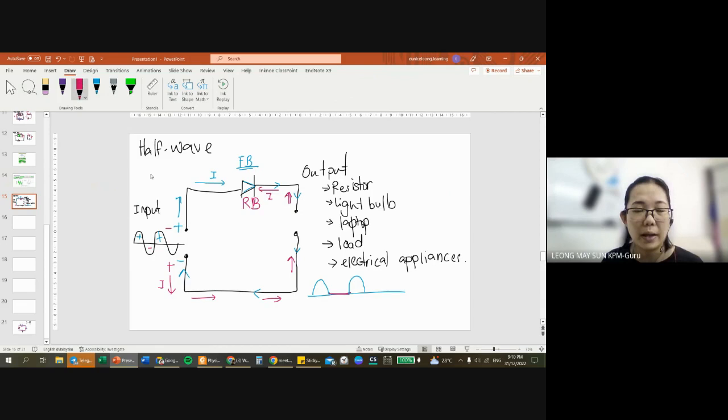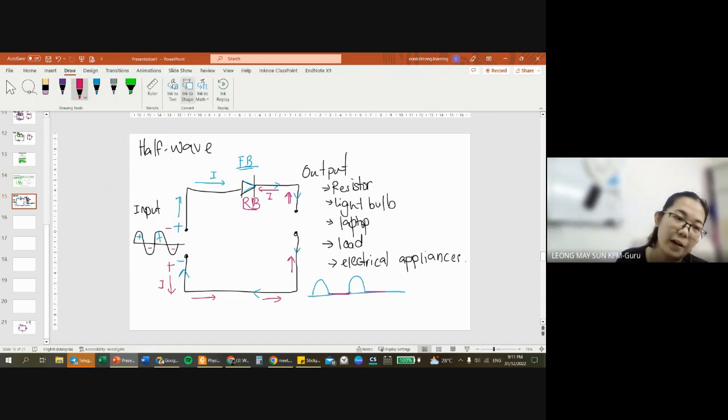Then when the negative half appears, the current flowing through the diode is reverse bias, so at the output, nothing appears. So positive and negative alternate, but because of the forward bias and the reverse bias, only half of the wave actually appears. So that's the reason why it's called half-wave rectification. Are you clear with this? Yes, teacher.